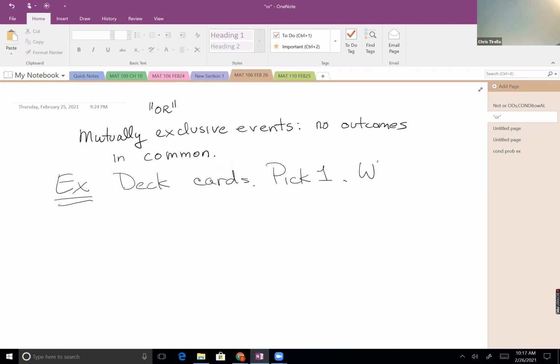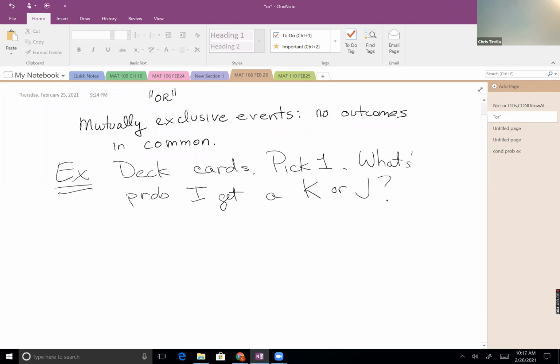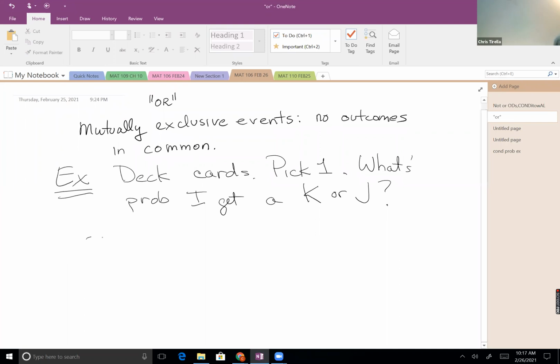I want to know what's the probability I get a king or a jack. First of all, is everybody all right with the idea that kings and jacks are mutually exclusive? No jacks are kings, no kings are jacks. They have nothing in common.